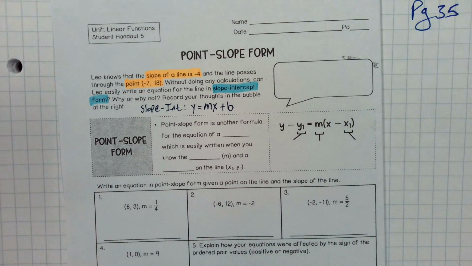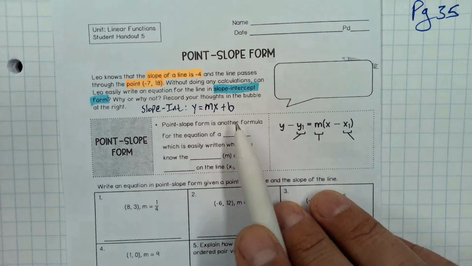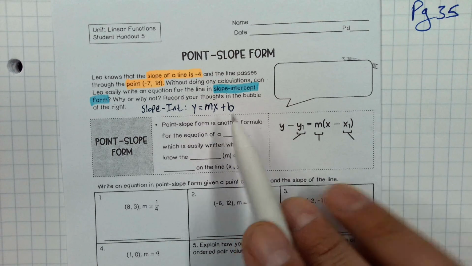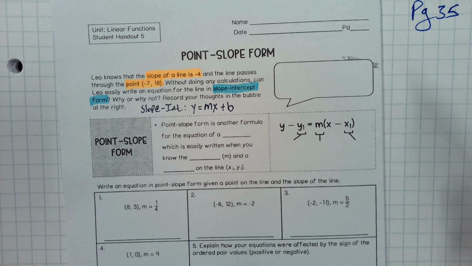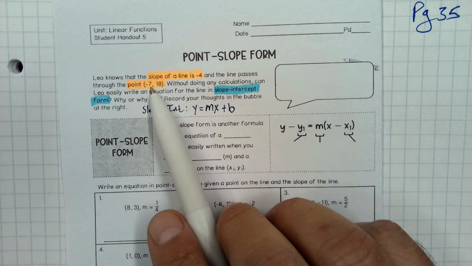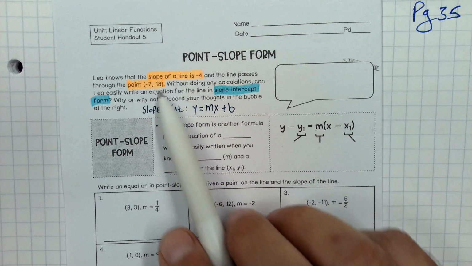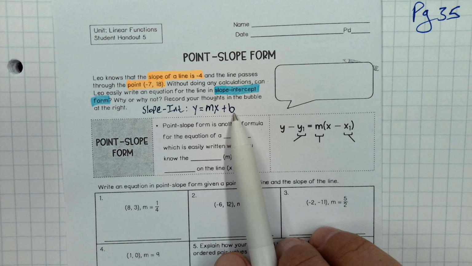And would you agree that he has one of the pieces he needs for it? He has a slope already. Does he have the other piece, whatever b is? Is that one of his known pieces of information? No. He has a point, but it's not the point we want. It's not the y-intercept exactly. We're looking for a y-intercept.